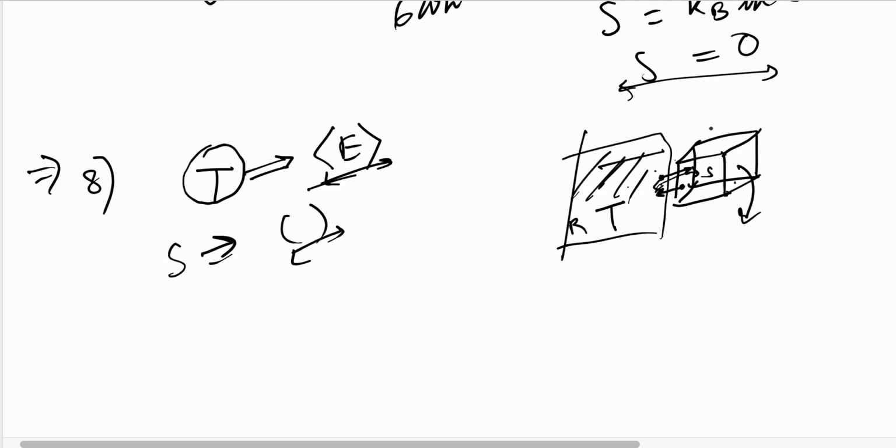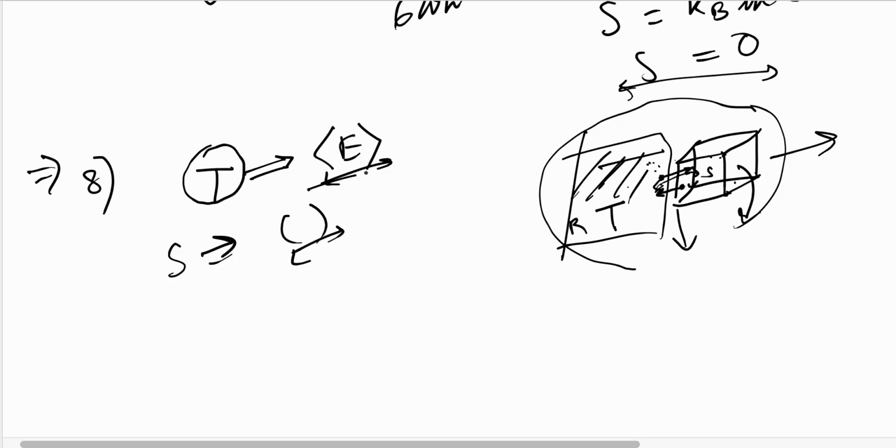The system and reservoir will go towards a state where the total entropy of these two will be maximum. That means the system will lose its information with time and it will go toward the maximum fuzzy state.